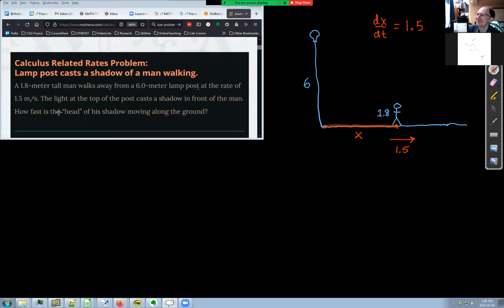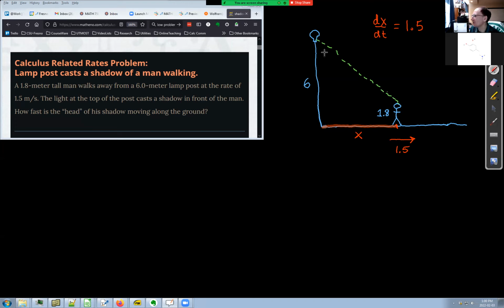Okay, the light at the top of the post casts a shadow in front of the man. That's weird, but here's the way I'm thinking about this. The light beam is coming down here and hits the man.